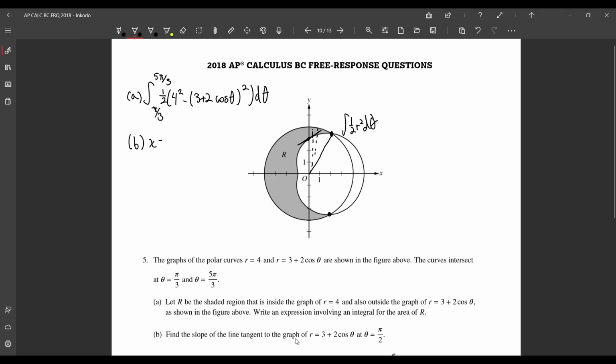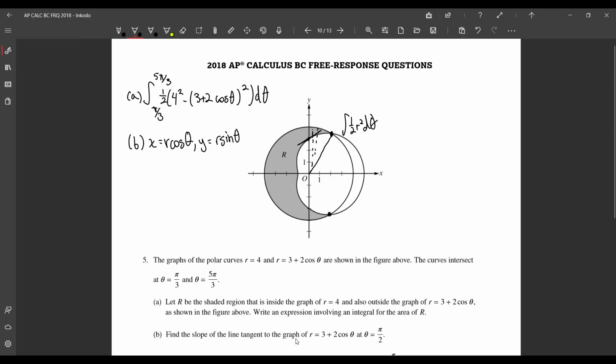So what I can do is say x equals r cosine theta and y equals r sine theta, and then I can compute dy dx by doing dy dt, or I guess dy d theta, divided by dx d theta.